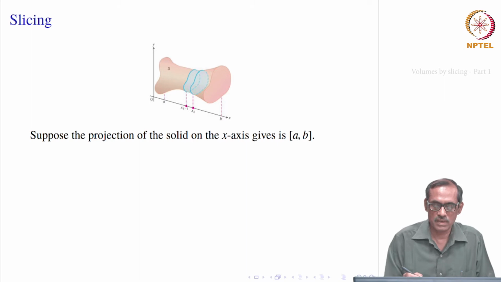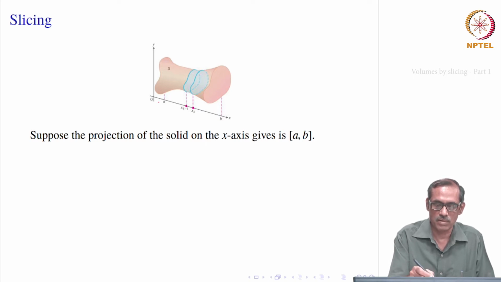So, let us consider a solid whose projections on the x axis give us the points x equal to a and x equal to b, which means within these two planes, x equal to a is a plane now in 3D.